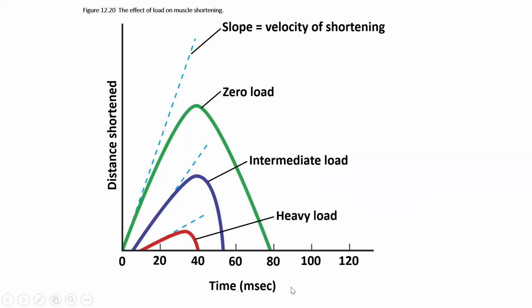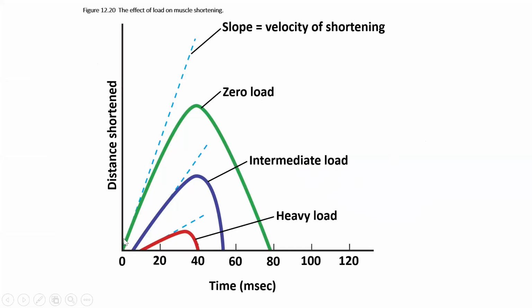And this graph here kind of gives a summary of all of those factors. And so we can compare a zero load graph to a heavy load graph. And what we're looking at is the distance shortened versus time. And the slope of this curve is actually going to be the velocity of the shortening or the rate of the shortening, how fast it'll happen. And if we look at lifting zero load, or we can think about it more practically as being a very light load, the latent period is pretty much zero.